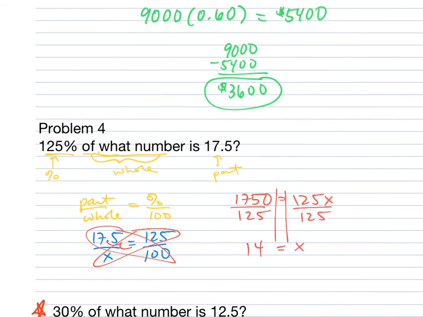So x equals 14. And that's my answer. So 125% of 14 is 17.5. In this case, you notice that the part, which is 17.5, is actually more than the whole. And that's because this is 125%. That means it's more than one, more than itself. So that's why this goes up, even though it's the part.